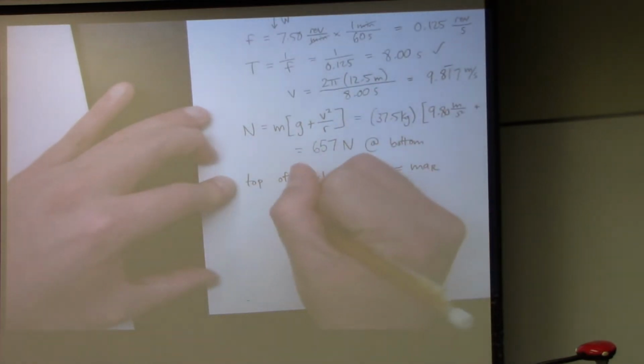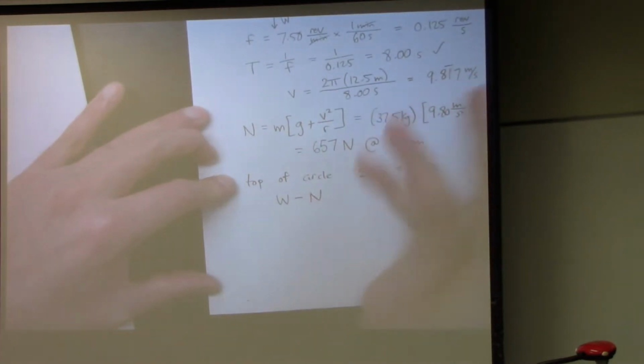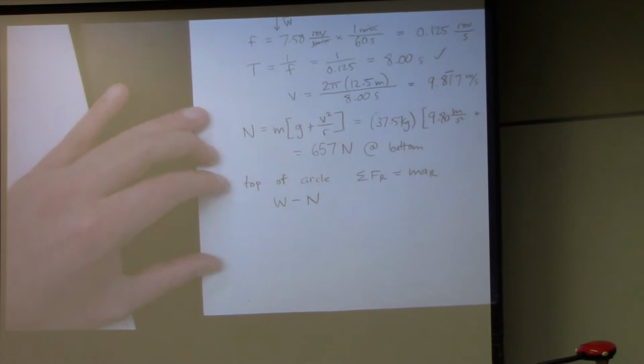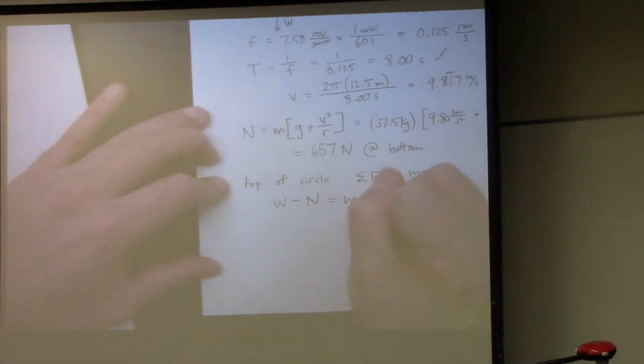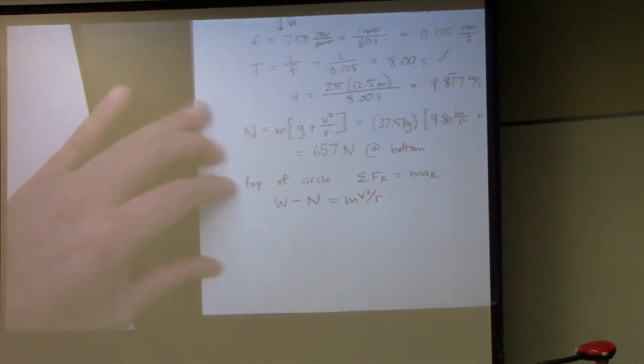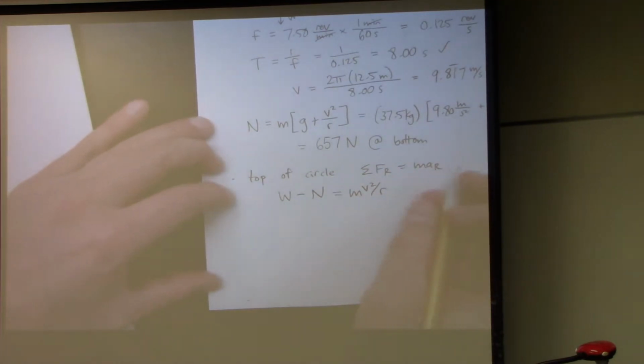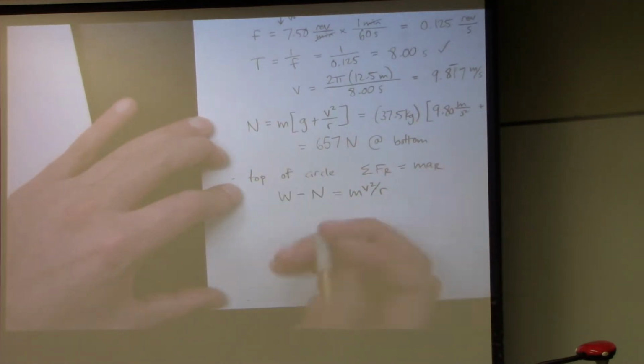So we have W minus N, it's the complete reverse of what we had before, equals mv squared over r. So we're going to find N. So we're going to add it to both sides, and then we're going to subtract mv squared over r from both sides.